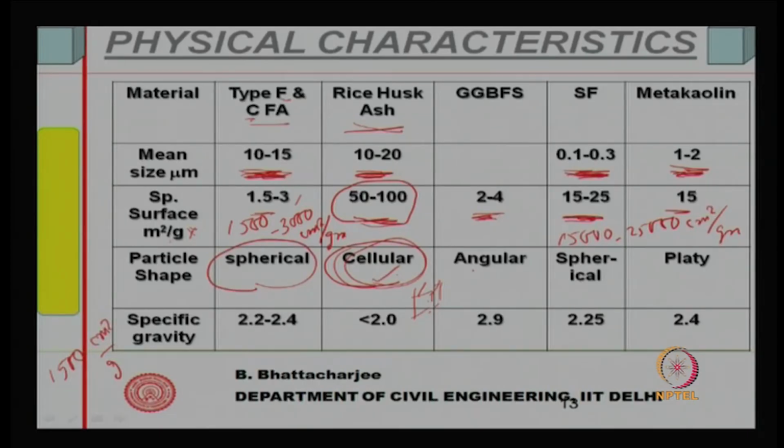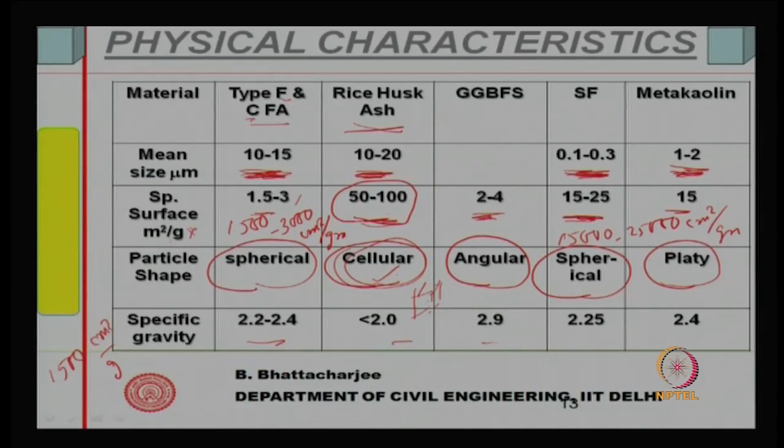GGBFS is ground, so it is angular in nature, ground granulated blast furnace slag. Silica fume is again spherical and metakaolin is platy. So shape wise, the cellular structure is why it shows much higher values.